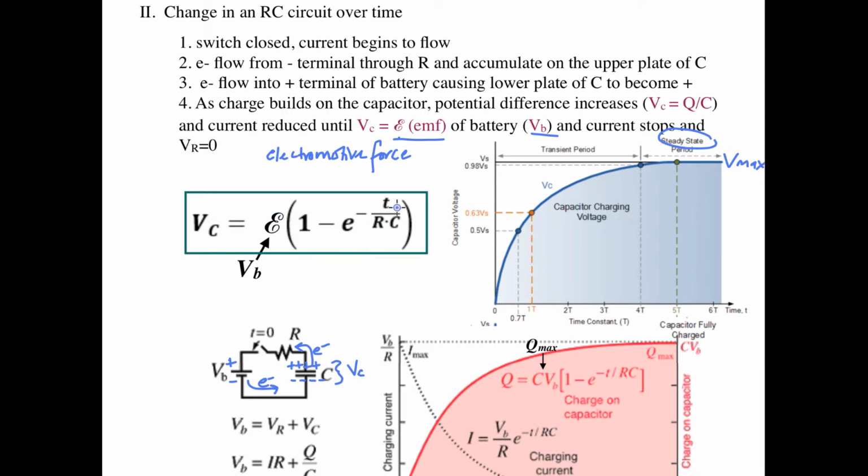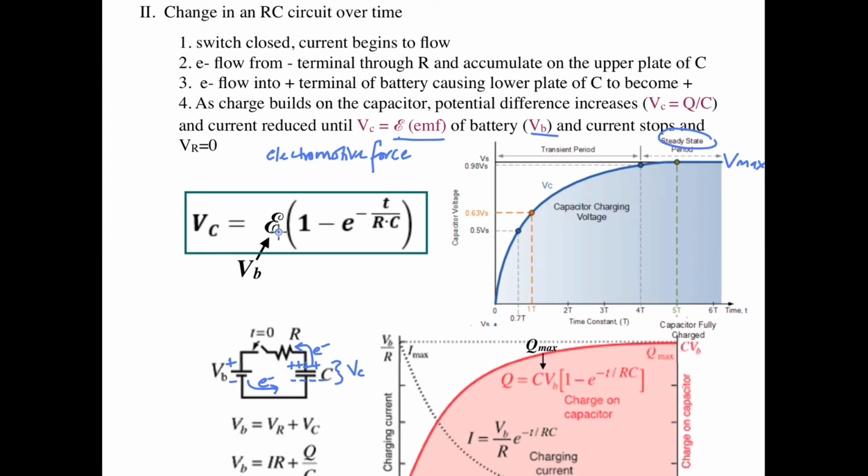We know that at first our voltage is 0, so our capacitor is not going to equal the voltage of the battery at time 0. In fact, it's going to be 0.